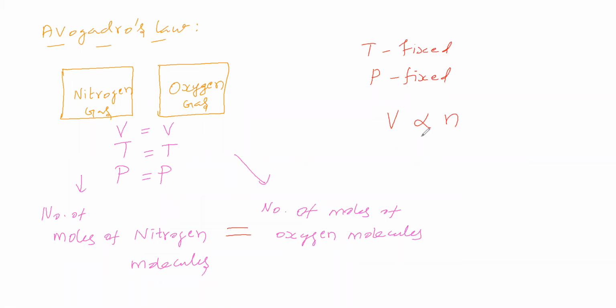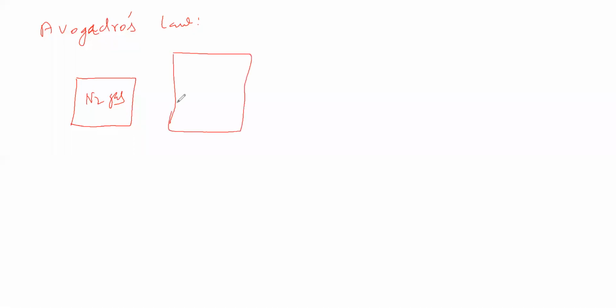Sir, how is it correct? That point we will see now. So in Avogadro's law, let us take this vessel. In this vessel let us take nitrogen gas, and in this vessel we will take oxygen gas.